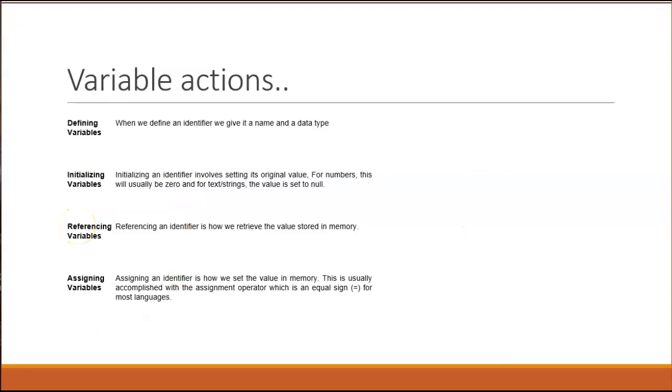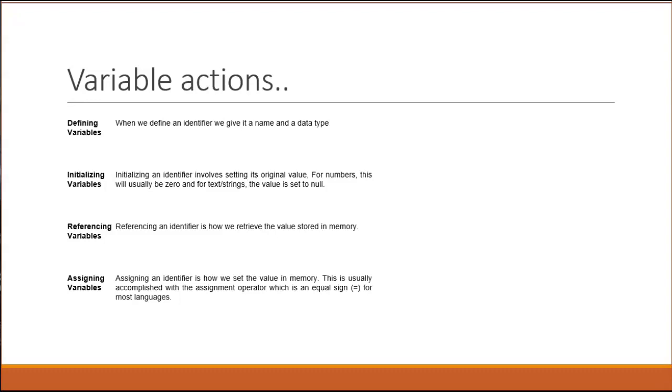All identifiers, and with constants it's a little bit different than with variables, have these 4 actions. The actual definition of the variable, where you give it a name and typically a data type: a number, text, single precision, decimal, floating point. An initialization piece, which sets its initial value. A lot of languages now by default will set all numbers to 0 and all text to empty.